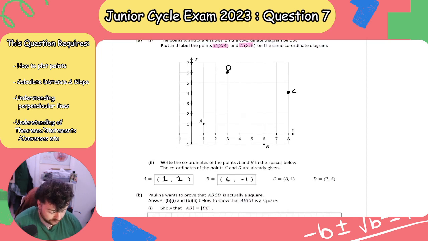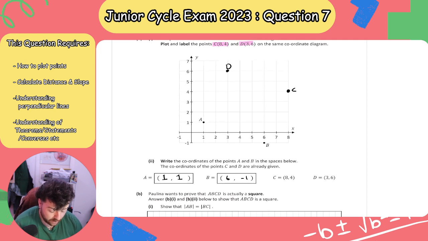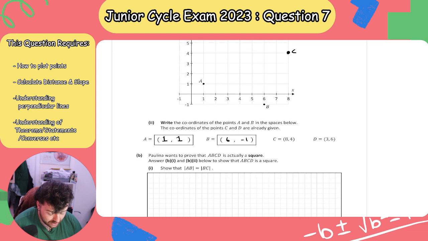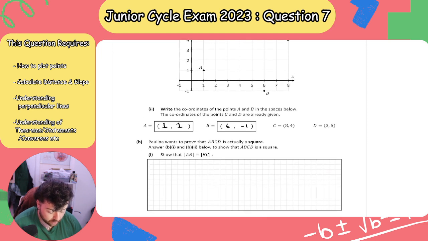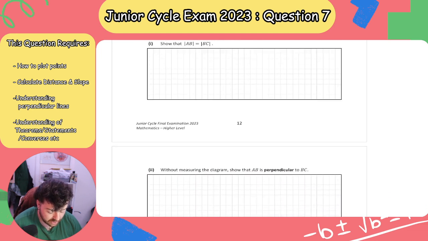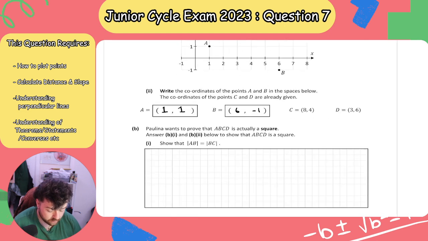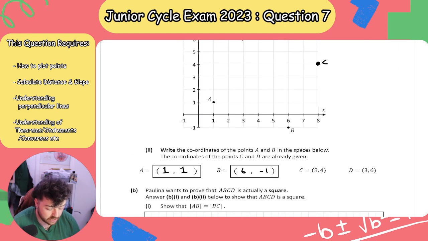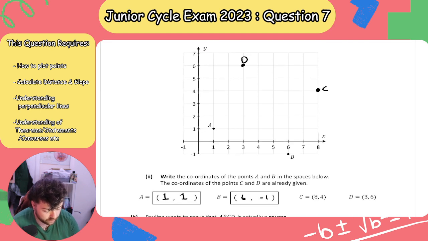Pauline wants to prove ABCD is actually a square. Answer B(i) and B(ii) below to show ABCD is a square. So, show that AB is equal to BC.